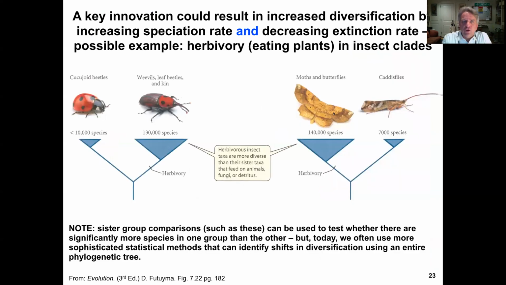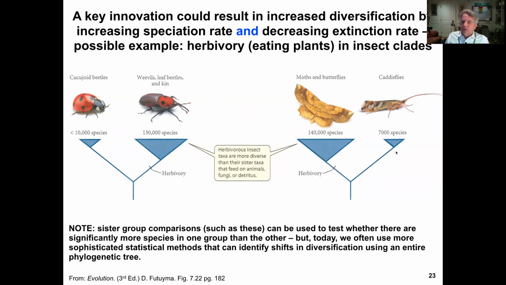Now, a key innovation could also result in increased diversification by increasing the speciation rate. Some examples that have been proposed are doing just this: herbivory in insect clades. Just like with the latex, we see that the ladybird beetles that are not herbivorous have slightly less than 10,000 species versus weevils with 130,000 species.